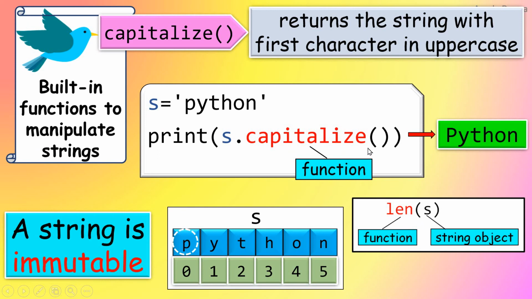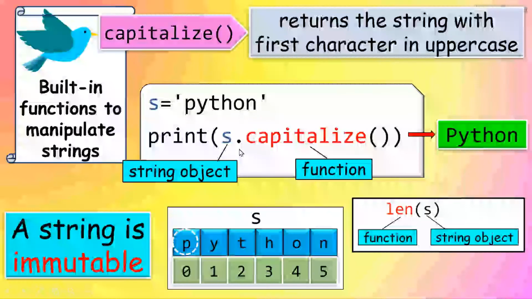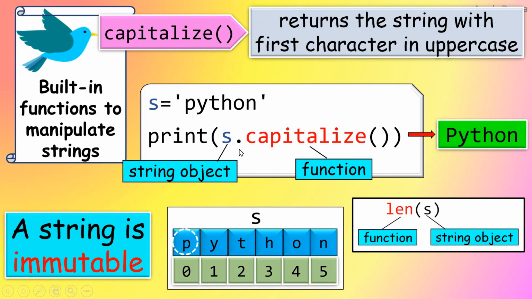And here the string object is placed in front of the function, and in between there is this dot operator. The dot operator is also called the membership operator. So the format of using the capitalize function is string object dot function followed by the parentheses.